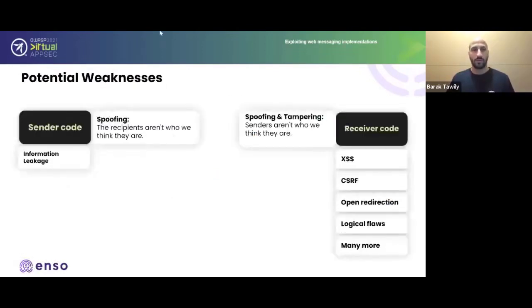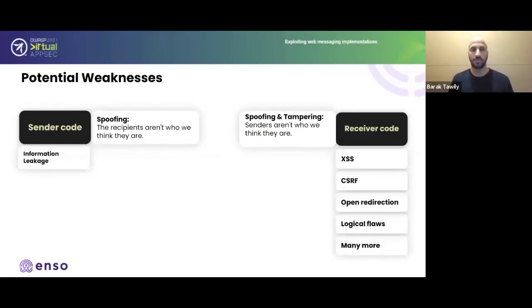So let's talk about the potential weaknesses. We have the sender code. In the sender code, we have spoofing. It might be vulnerable to spoofing because it might not be aware of who exactly it is going to send its messages to.